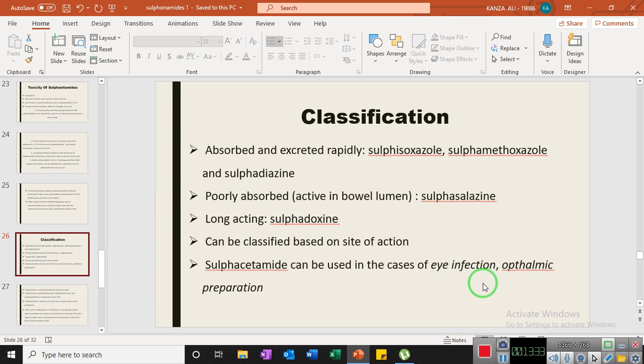We have synthesized a number of derivatives just to reduce the pKa value, and we have got the compounds.